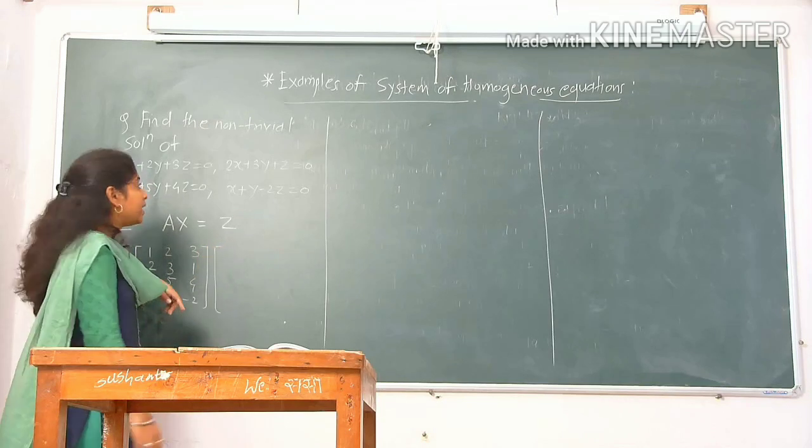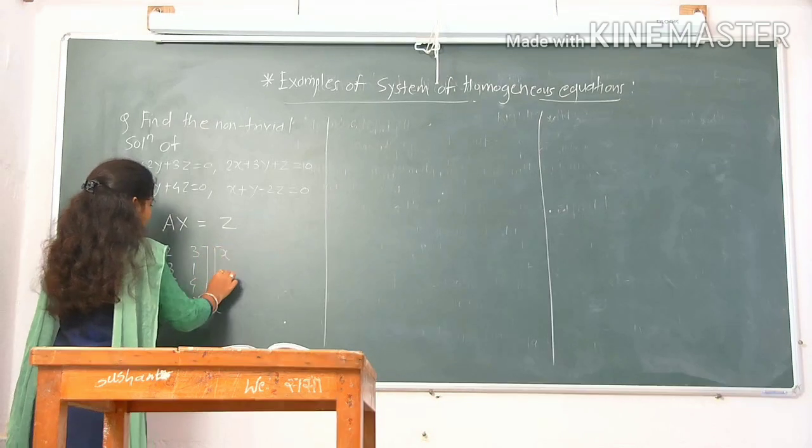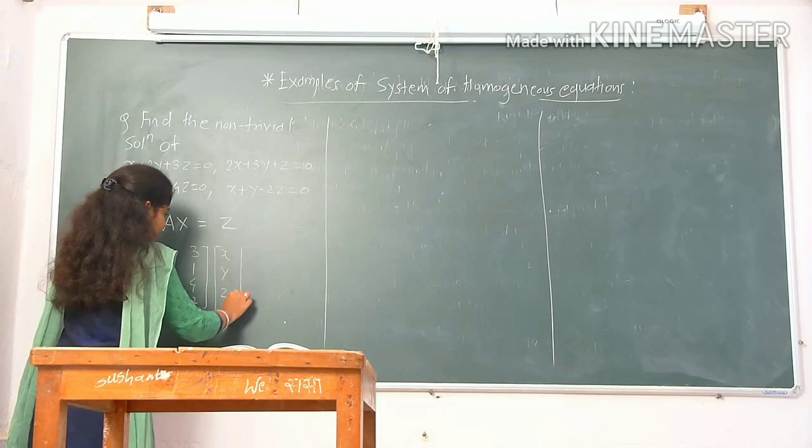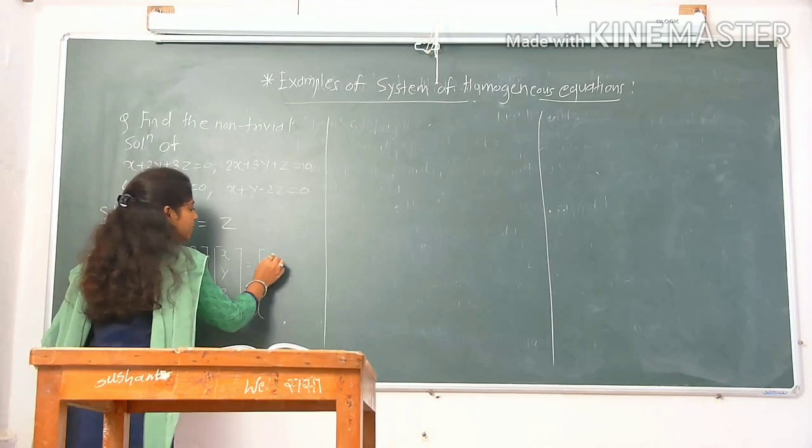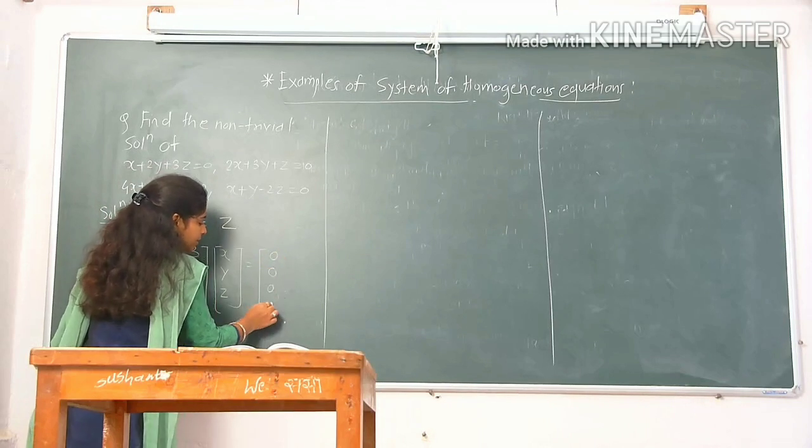Capital X means matrix of unknowns, which are x, y, z. And capital Z means the constants, but these constants are 0 here.